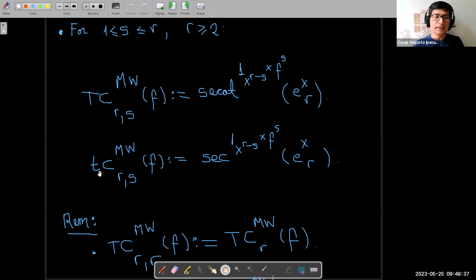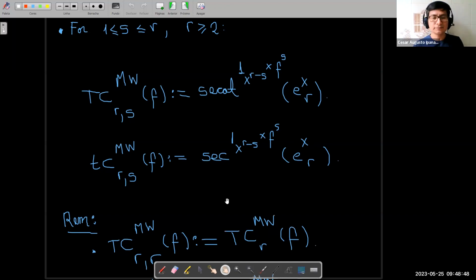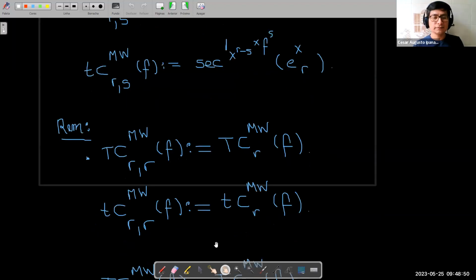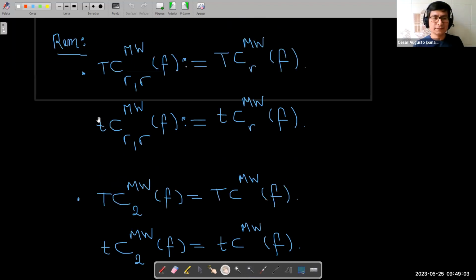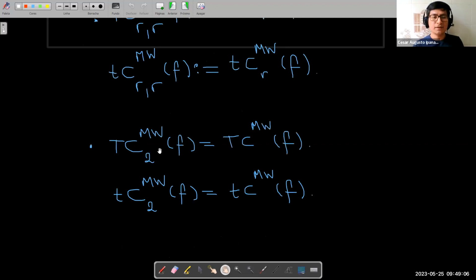And similarly, the naive Murillo-Wu hierarchy is the identity times F_s sectional number of this fibration. This is a natural remark and notation. When s equals r, I will denote it by TC Murillo r of F. Similarly for the strict TC. And note that when r equals 2, it coincides with Murillo's TC.